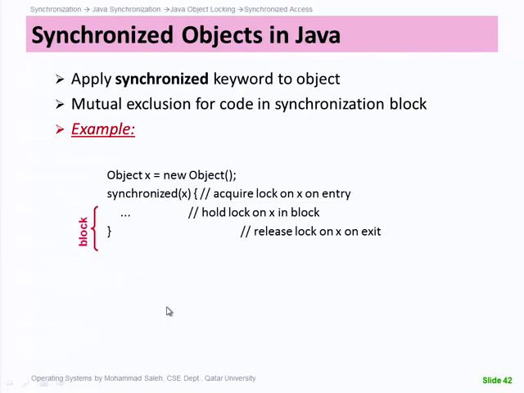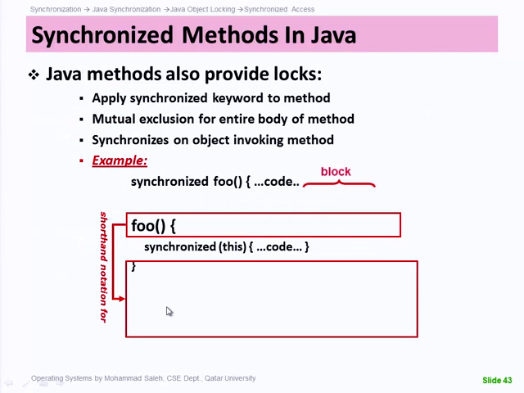You can use it this way. For example, you could use synchronize on the whole object, or you can use synchronize on the body of the whole method. For example, this is a method within an object, and the very first thing you write in that method is synchronize this, and then you have the code of the method. This was the only way to use synchronization on a method last time.